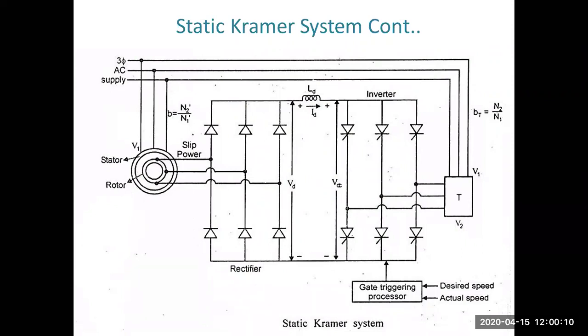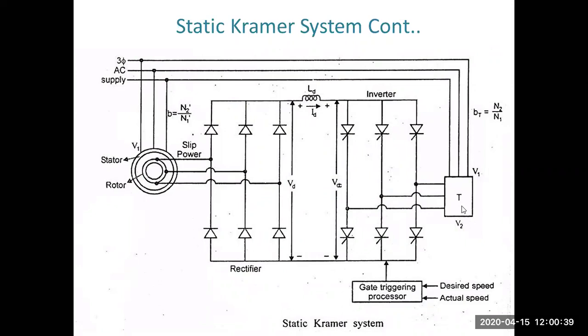So our DC voltage VD1 is now converted to VD2. This VD2 voltage is further applied to the inverter side, and the inverter will convert this voltage into AC voltage.